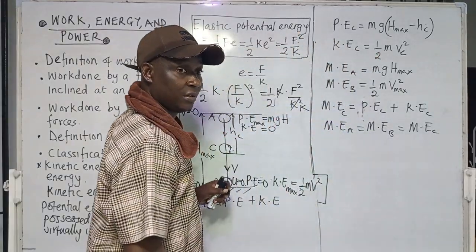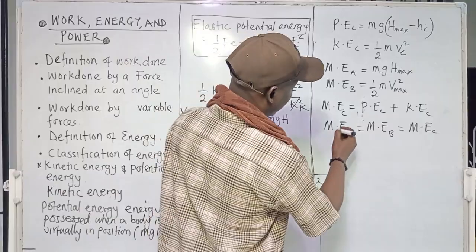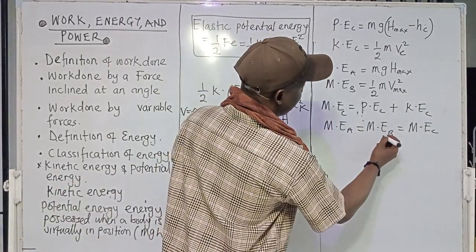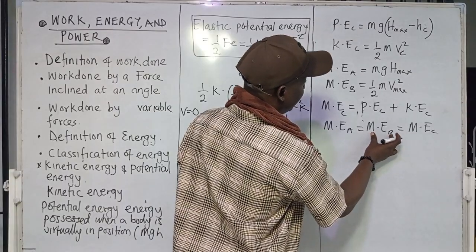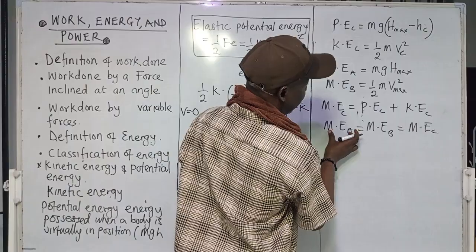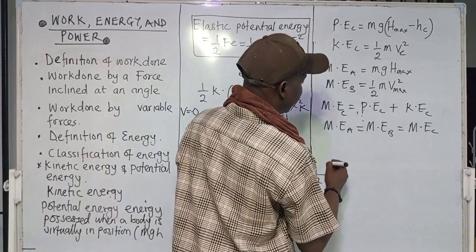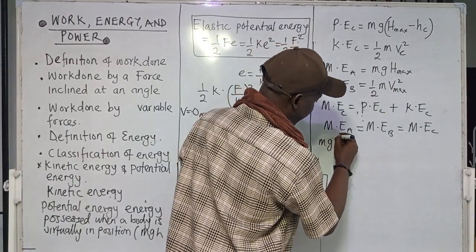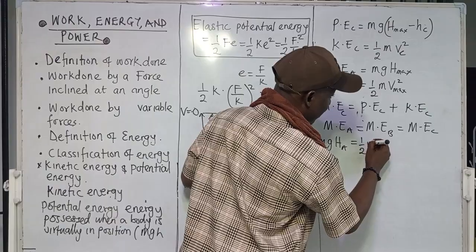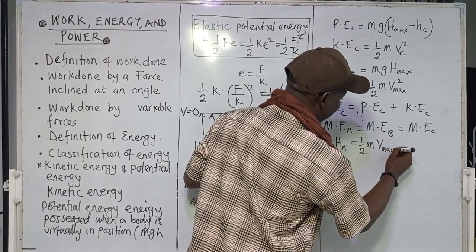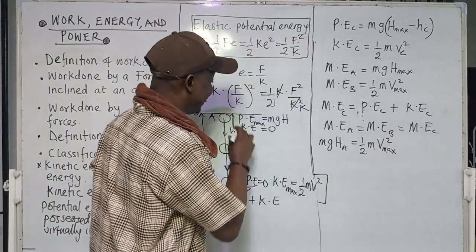Do you agree? So if I want to ask something, I can equate at point C, at point B, or at point A. Let me take any one. That means I can say mgh at A should be equal to half mv maximum at point B, because mechanical energy is constant.